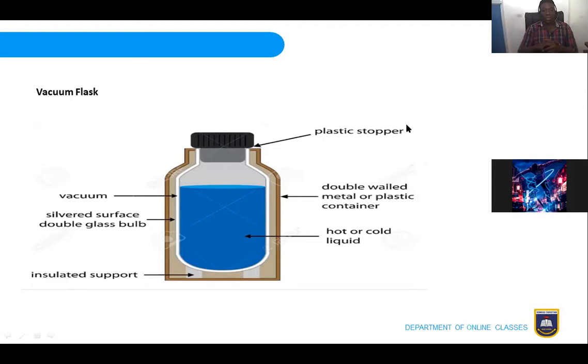So you can see it outside. We also have the vacuum. All these things have their importance. And we also have the silvered surface double glass bulb, and the insulated support is also there. So these are basically the parts of the vacuum flask. We shall be looking at the importance of these parts and how they prevent heat loss.